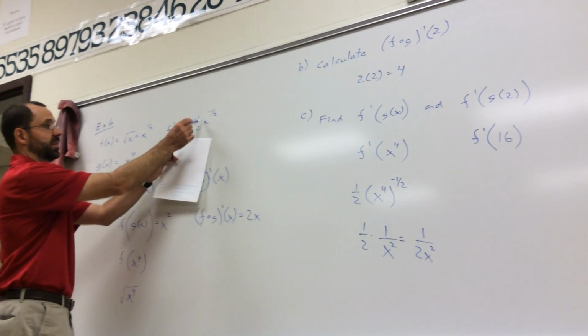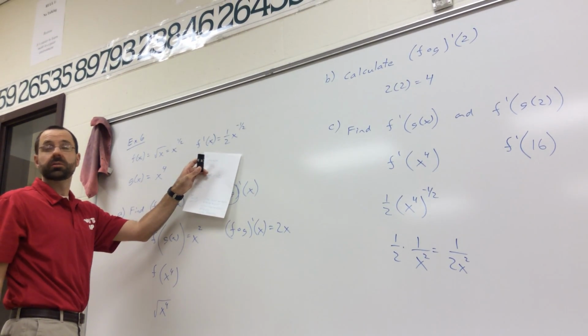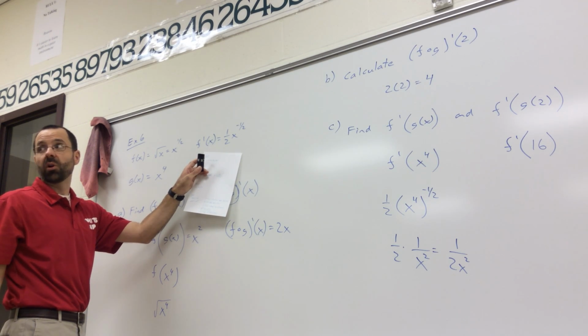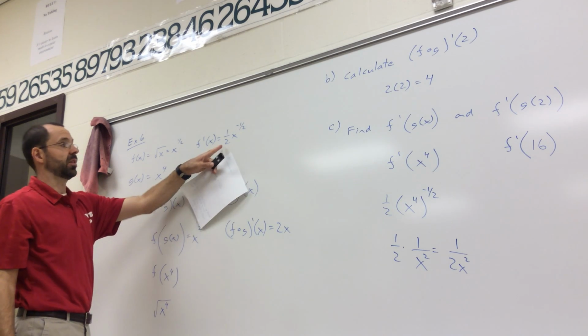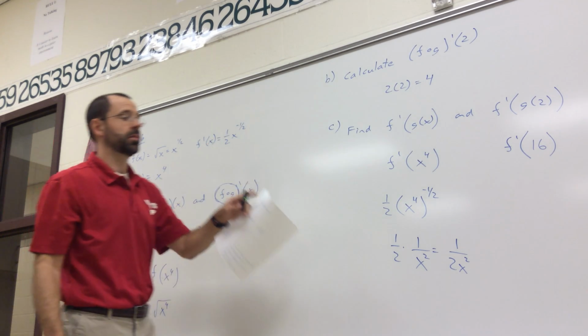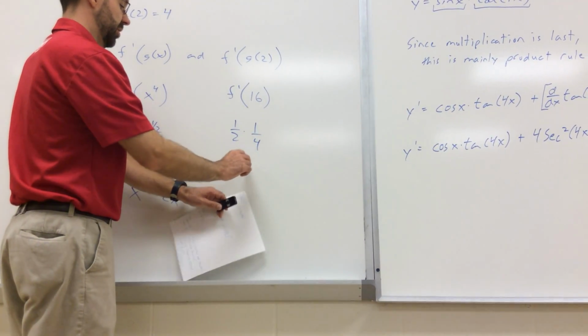So here I've got 16 to the 1/2, which is 4, because 16 square rooted is 4. Then that negative means 1/4. So I've got 1/2 times 1/4, which is 1/8.